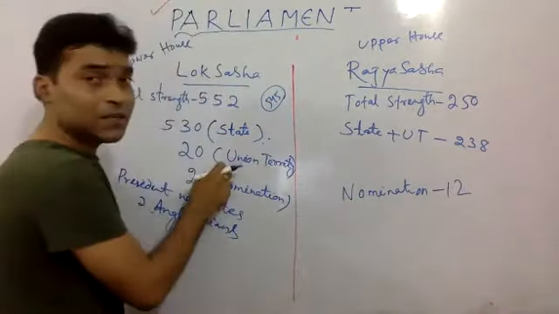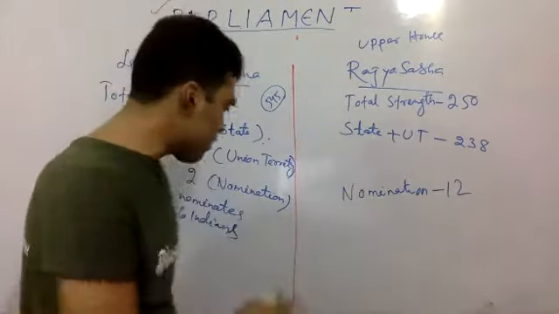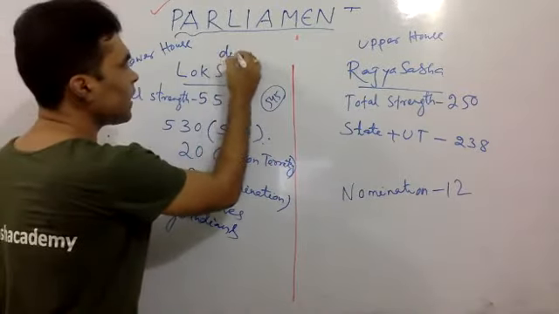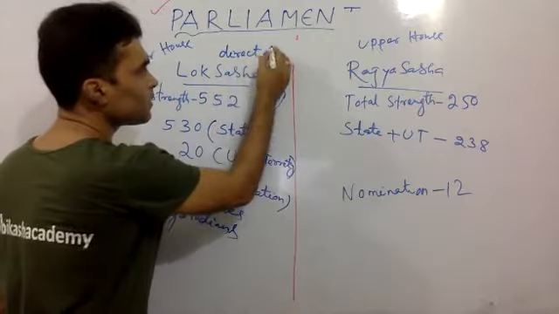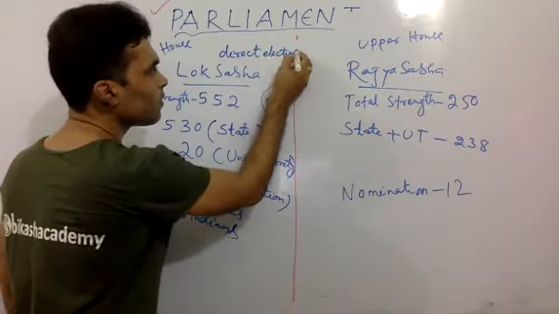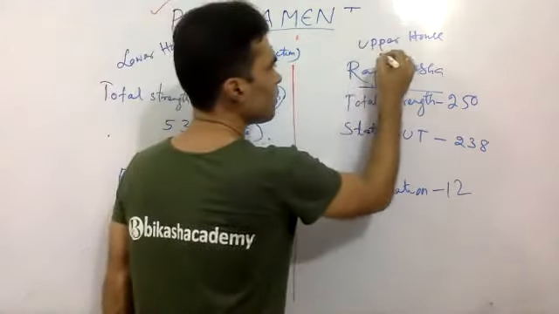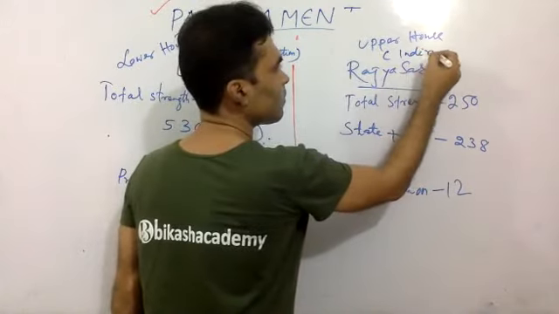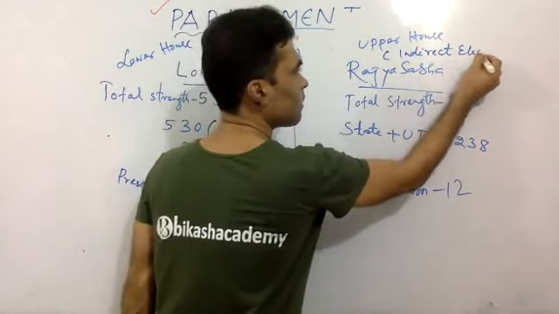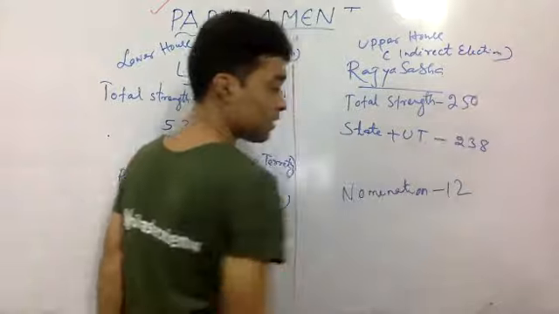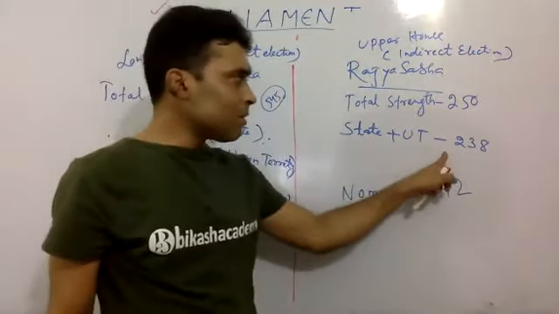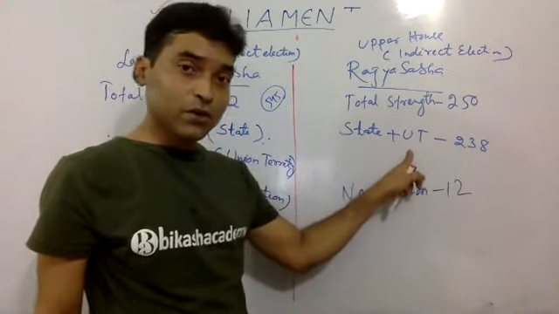This is direct election, but this is indirect election. I'll mention here also. This is direct election and this is indirect election. Indirect election, right? So you have to remember this. So 238 members from state plus union territory.